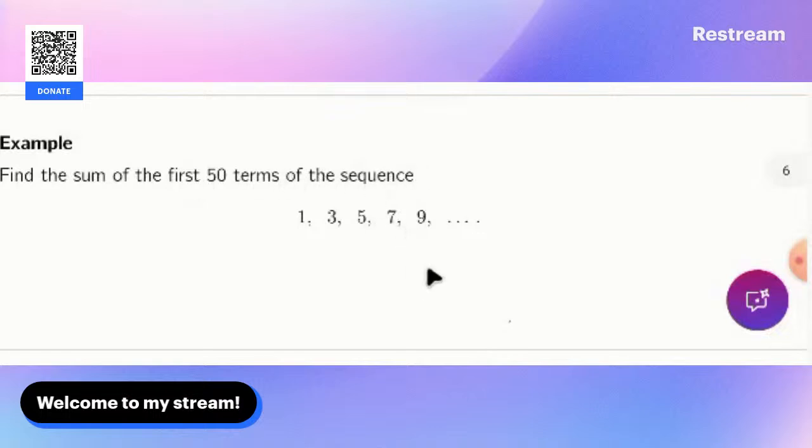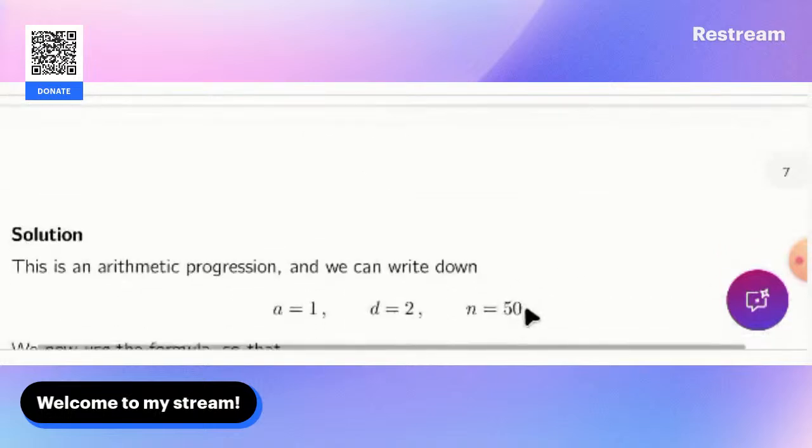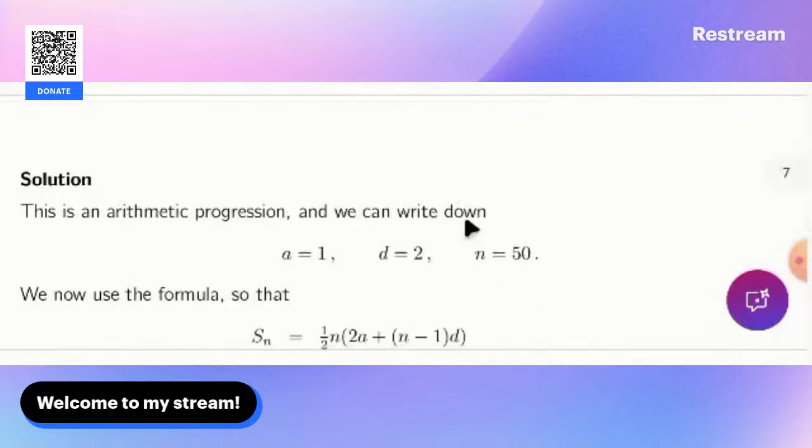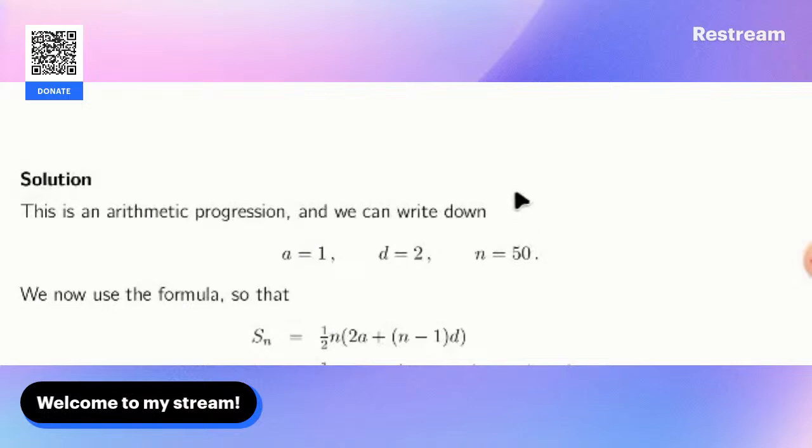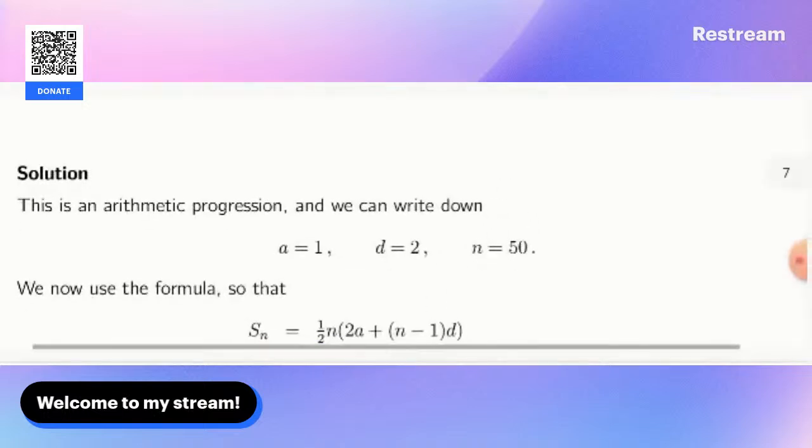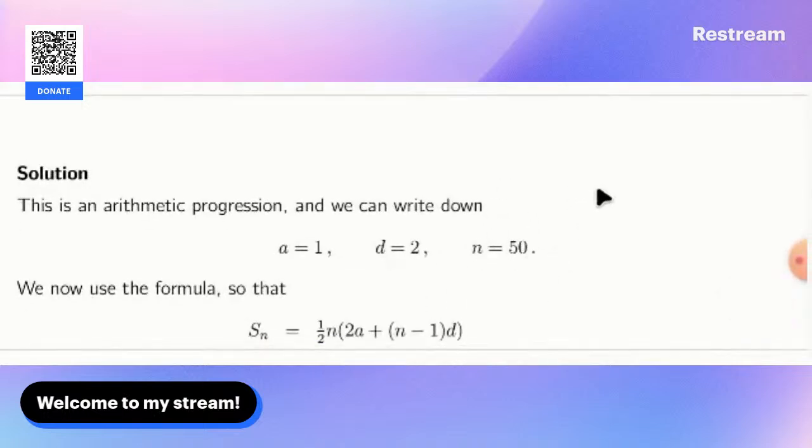Now similarly, we have, for instance, this: find the sum of the first 50 terms of this sequence. Now you can see the first term here, 1 3 5 7 9, continuously. We have the sequence 1, 3, 7, 9 continuously.